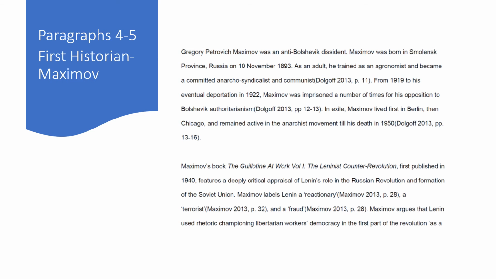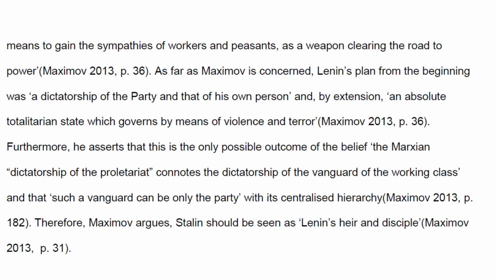And then the second paragraph discusses how Maximov talks about Lenin. And Maximov, being anti-Lenin, will obviously say that Lenin was not a very good person. This is a continuation of that paragraph about Maximov's view on Lenin.